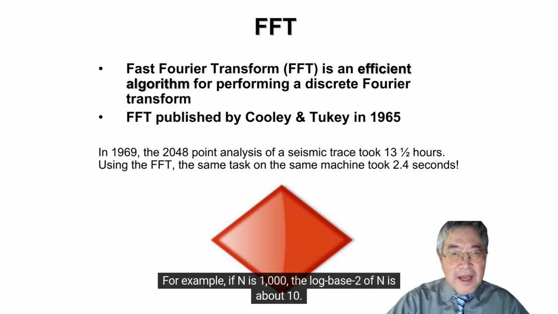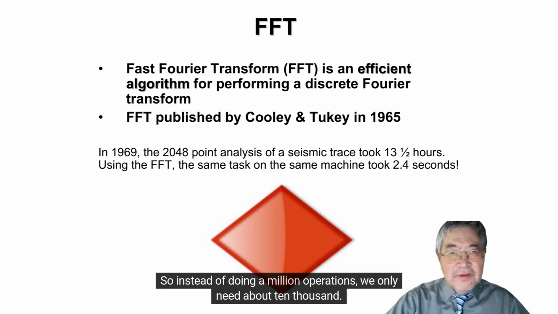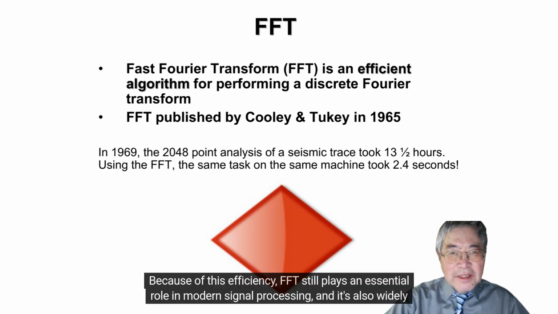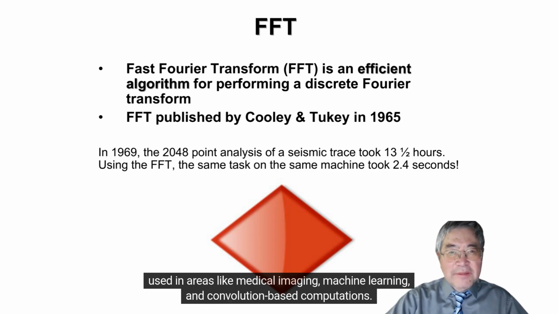For example, if n is 1000, the log base 2 of n is about 10. So instead of doing 1,000,000 operations, we only need about 10,000. The larger n gets, the more dramatic the savings become. Because of this efficiency, FFT still plays an essential role in modern signal processing, and it's also widely used in areas like medical imaging, machine learning, and convolution-based computations.